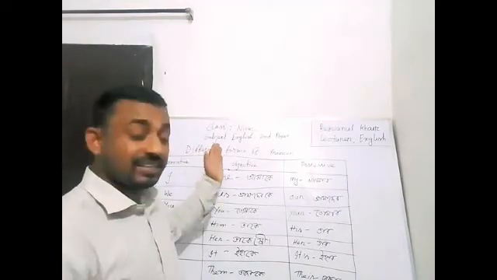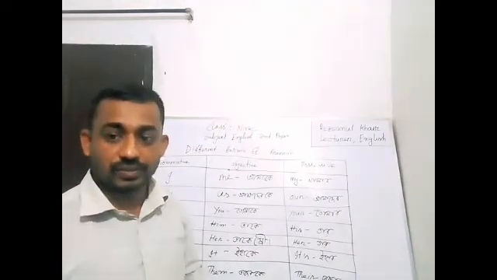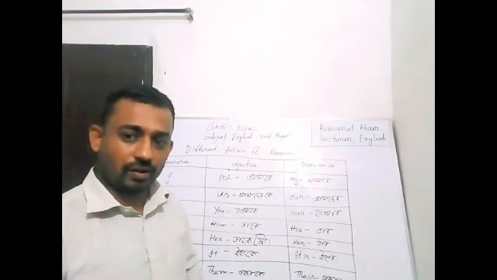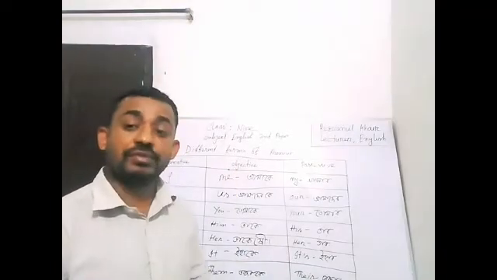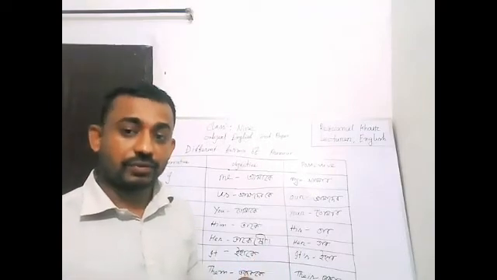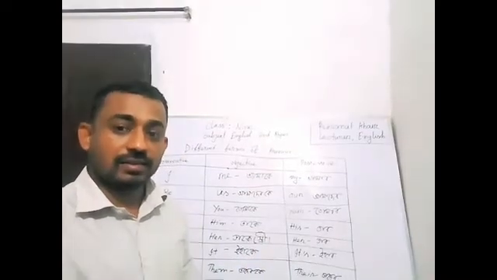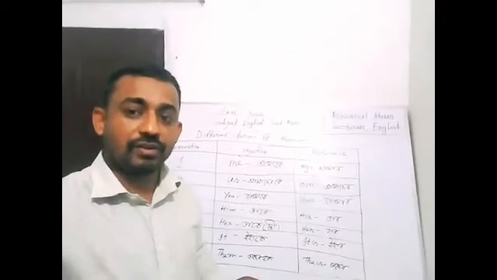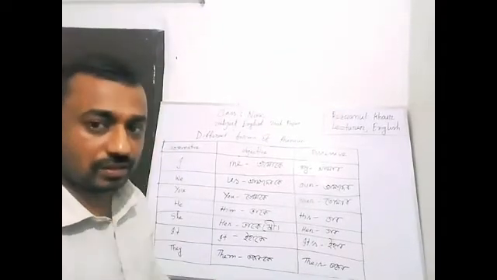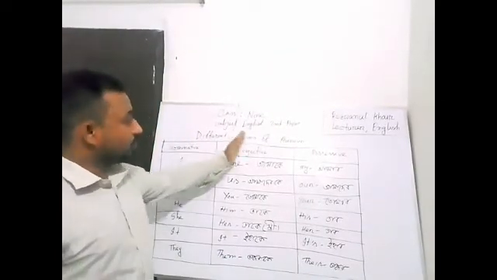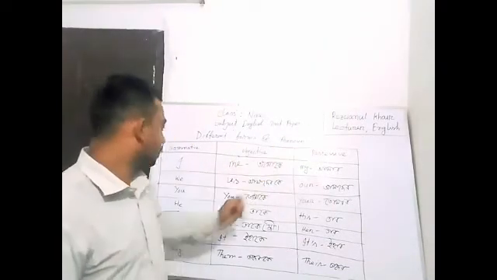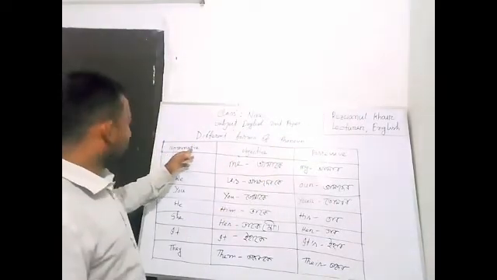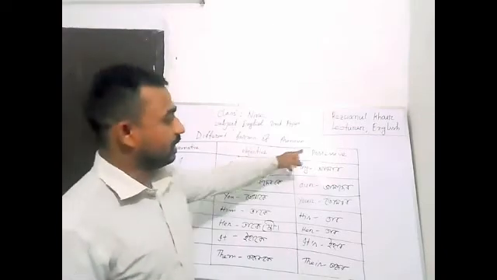Actually, I have designed it especially for class 9 students, and all the learners and viewers will benefit if you listen attentively to me and follow this instruction. Look over here, different forms of pronoun: nominative, objective and possessive.